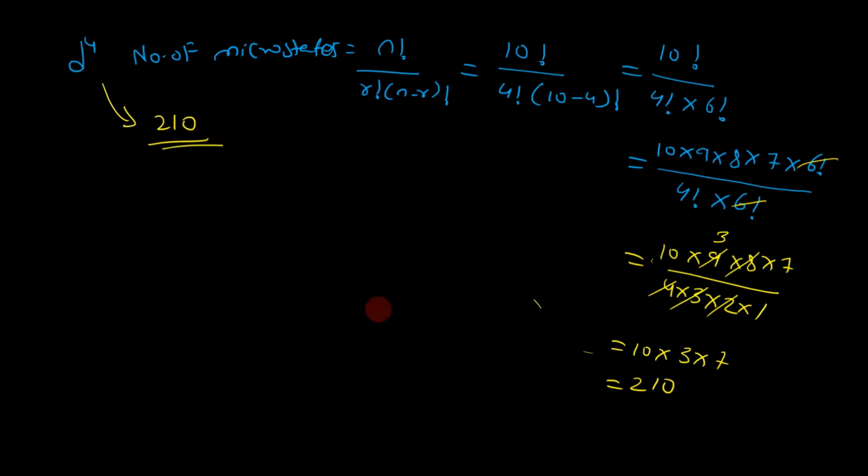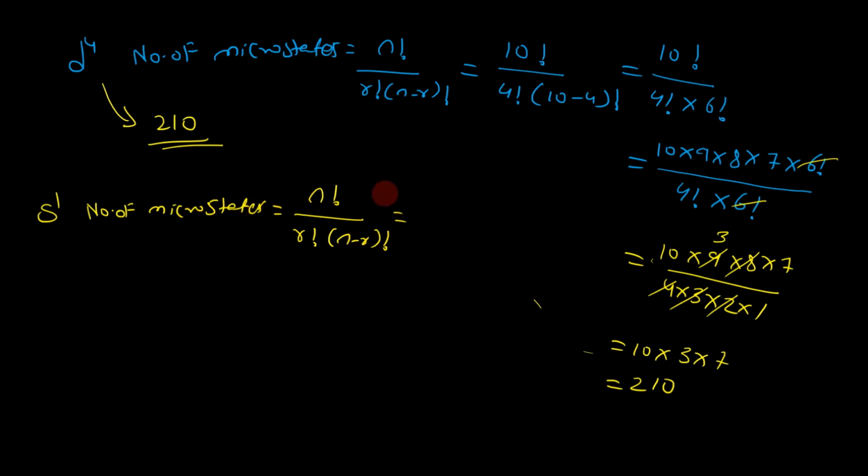Okay, like this you can calculate for S1 the number of macrostates, that is n factorial upon r factorial n minus r factorial.